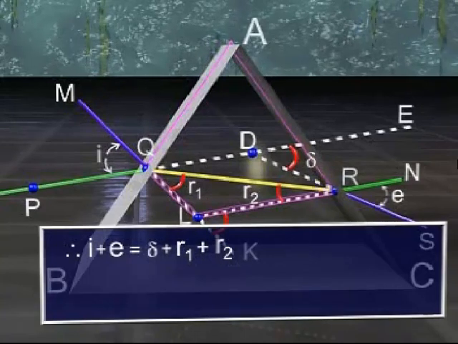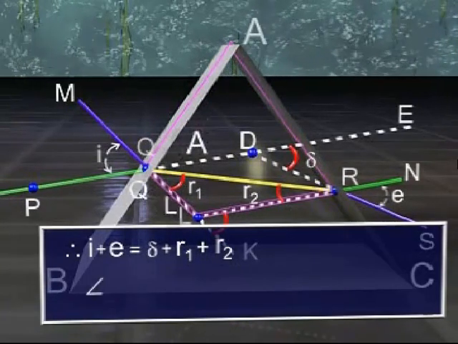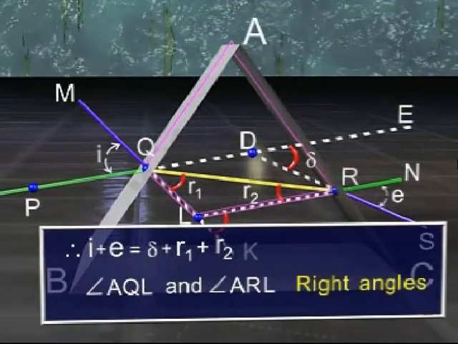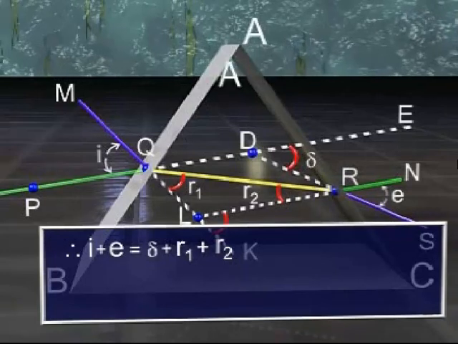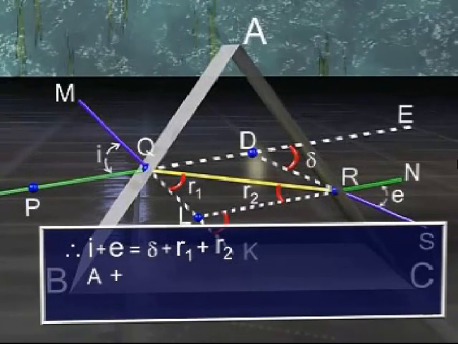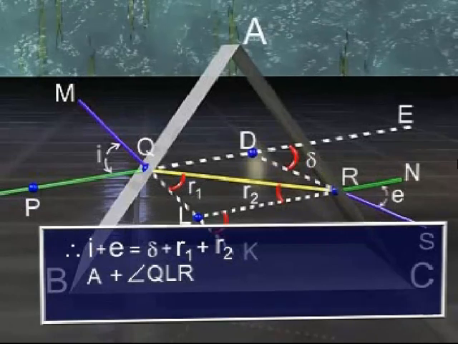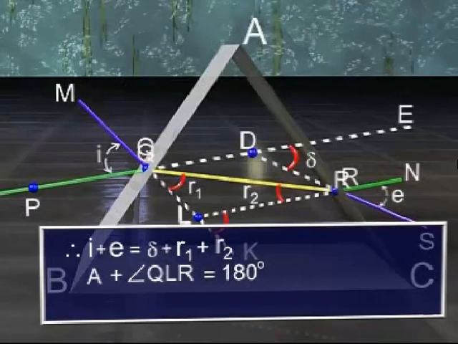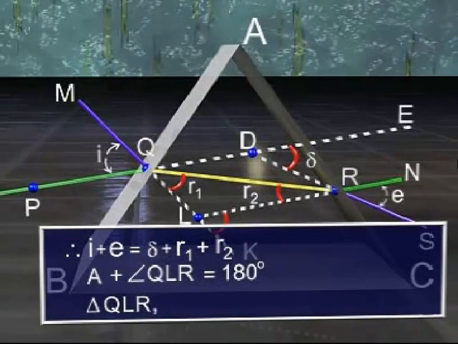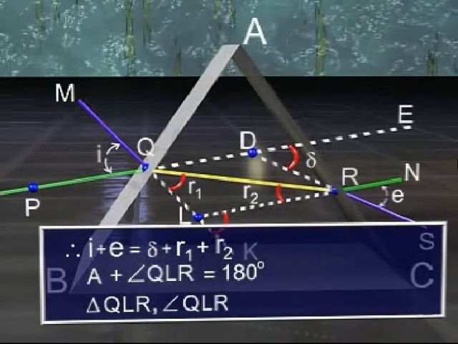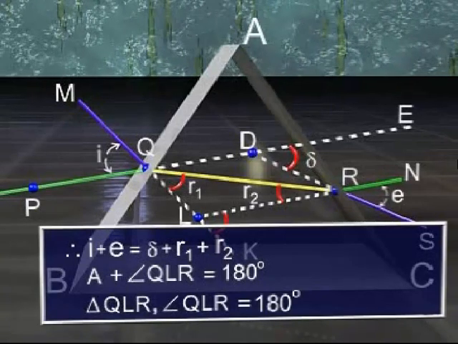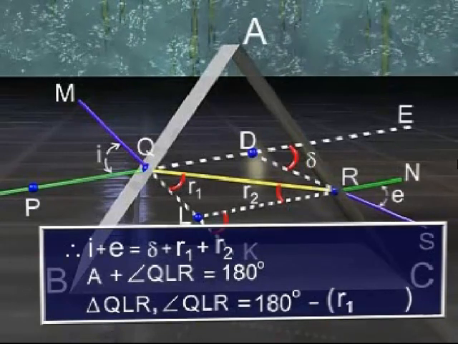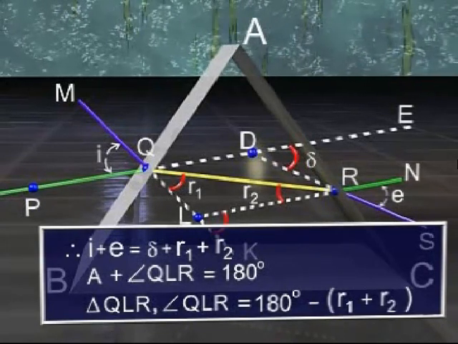In quadrilateral AQLR, angle AQL and angle ARL are the right angles. Thus, A plus angle QLR is equal to 180 degrees. For triangle QLR, angle QLR is equal to 180 degrees minus, in brackets, R1 plus R2.